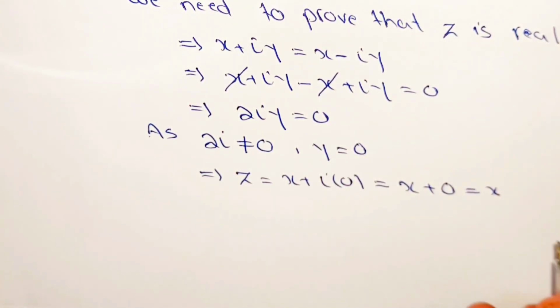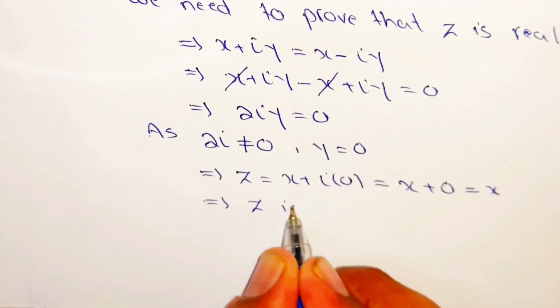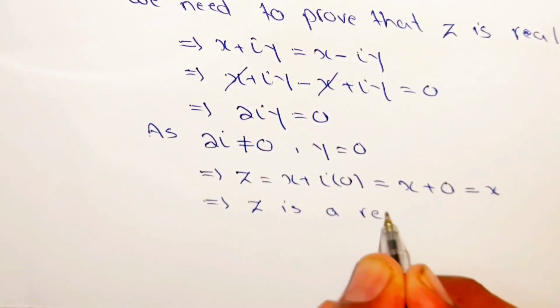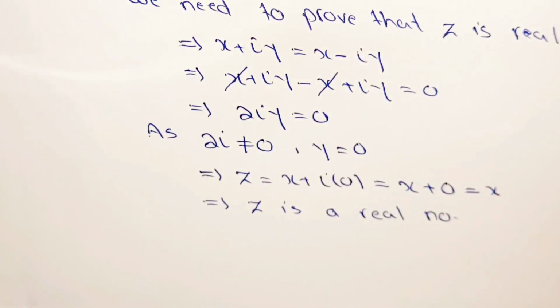Since z is equal to x and x is a real number, this implies that z is a real number. And now we need to show conversely that if z is a real number, then z is equal to z conjugate.